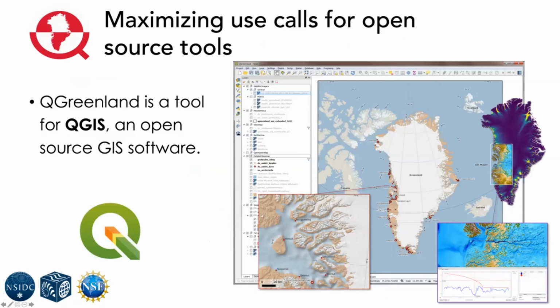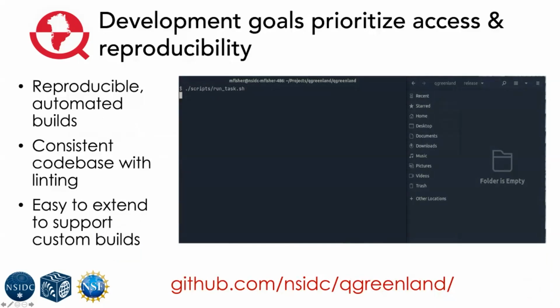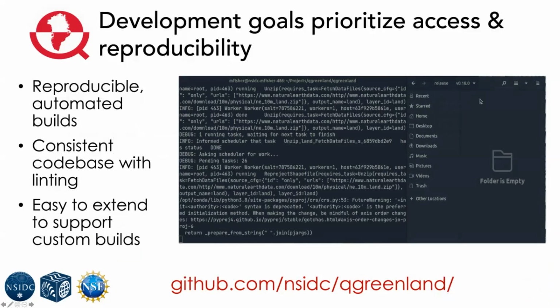One of our primary goals is allowing access to users across the globe and across the resource spectrum. So that's why it is so important to use QGIS rather than proprietary software like ArcGIS. Our goal to maximize access is also paired with other development goals that consider future use and reuse. So as we began development, we emphasized creating reproducible automated builds.